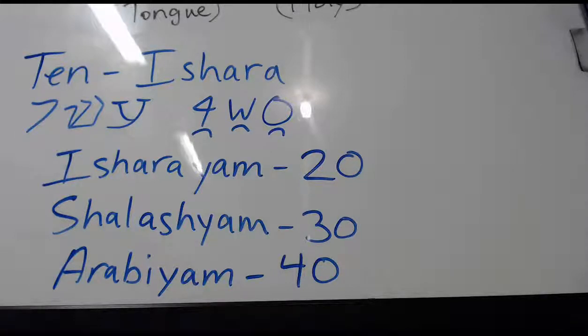I think it's Aishara Arabai, so maybe like 10, and then you say 4, and that makes 14, but I'm not sure. I'm not 100% sure. All right.